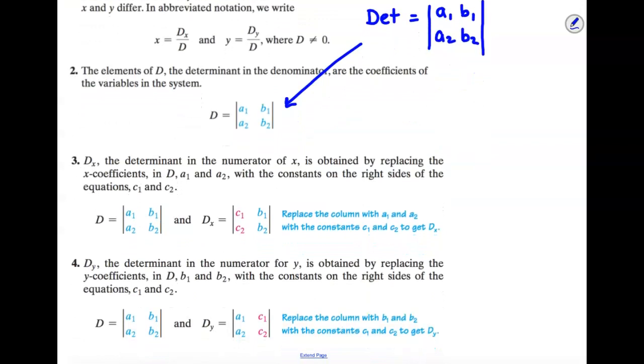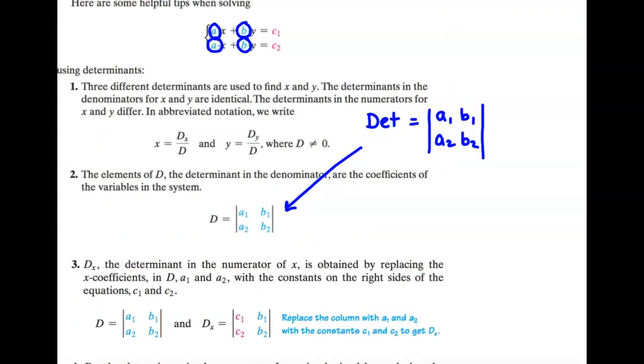Then what you do next is take out some of the determinant pieces and replace them with the constants. In the red, C sub 1 and C sub 2 are constants.